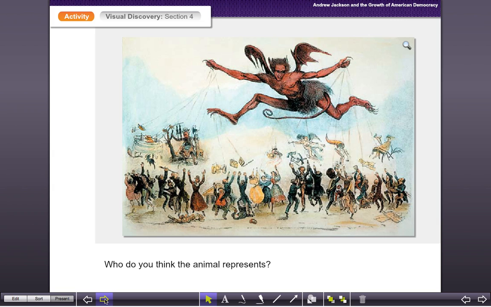Who might that be in our study so far? If you're thinking maybe it's Andrew Jackson, you'd be exactly right. And notice the strings he's got attached to all the different things and the people below, and what they're doing. So, some things to think about.